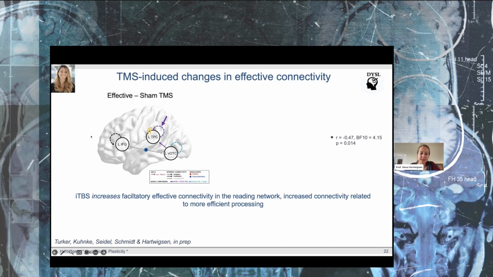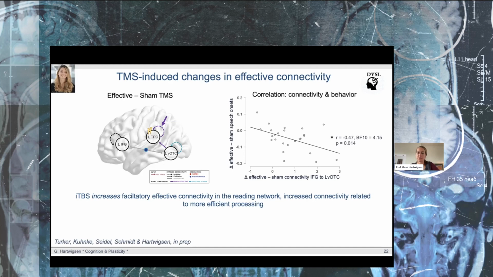We see especially increased connectivity during pseudoword reading. So when it gets really challenging, that was stronger after effective stimulation relative to placebo stimulation. And that was found not between the stimulated area, but between the other nodes of the reading network. This was slightly unexpected, but nicely shows that we indeed see stimulation-induced changes at the network level during reading induced by facilitatory stimulation.